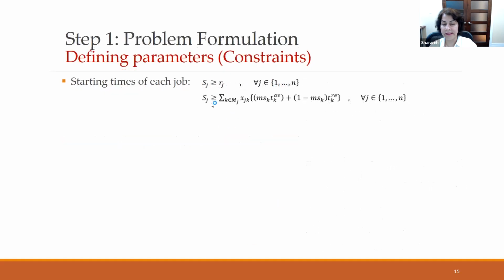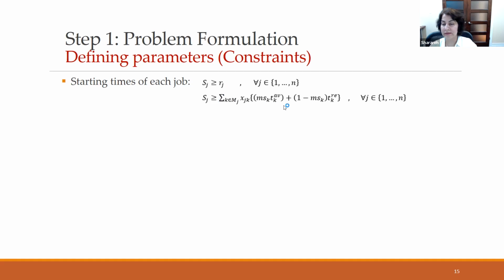And this set considers the starting time of the job. It makes sure that a job can start only when the job is there, and cannot be started when the job is not there.